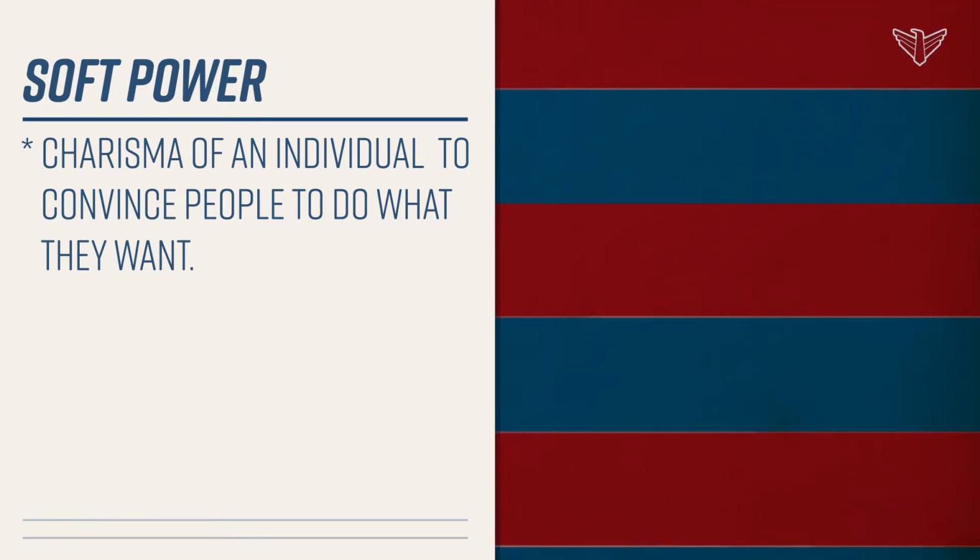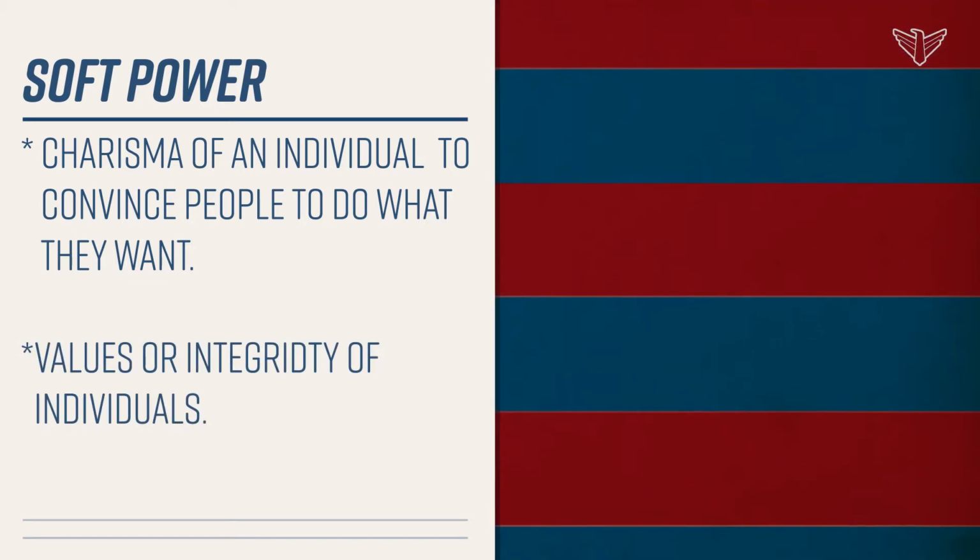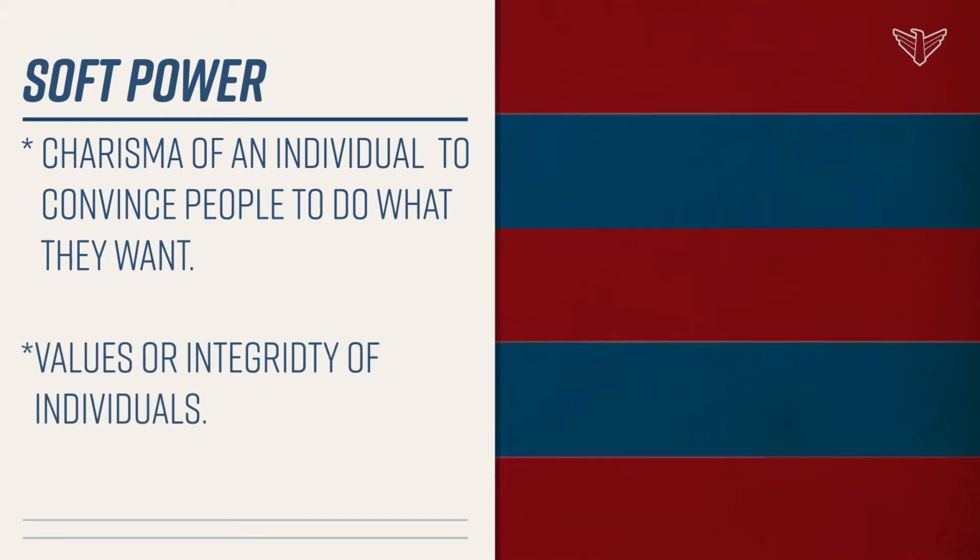But it could also be things like the values or the integrity of an individual that are attractive to people. And so when you combine these different types of power, express, delegated, implied, and soft power, you really have a massive concentration of potential power in the office of the presidency.